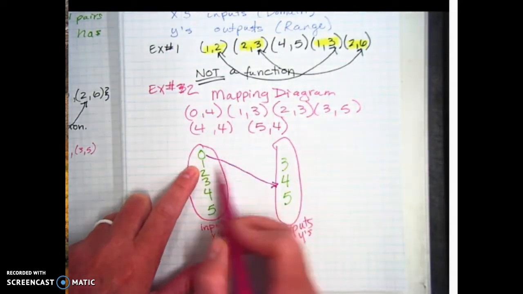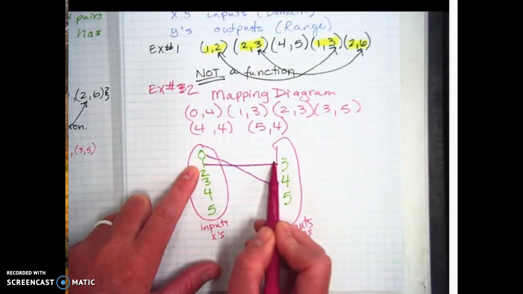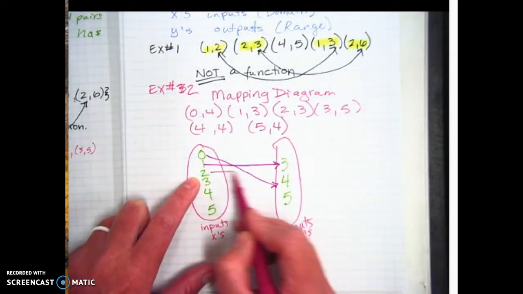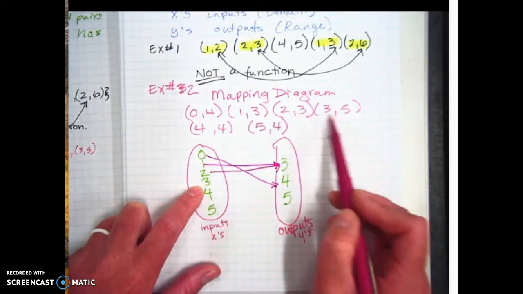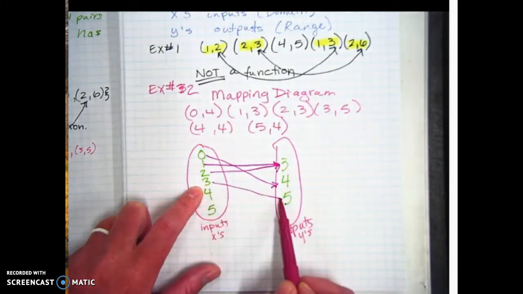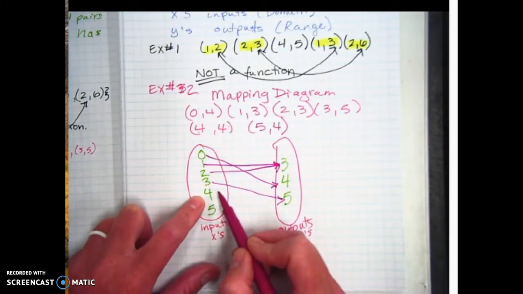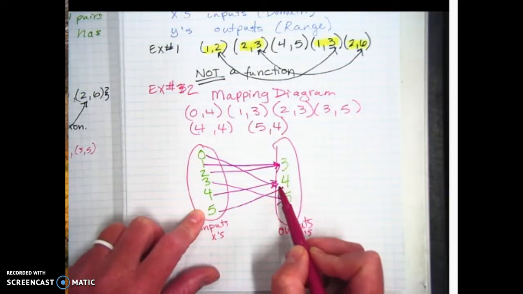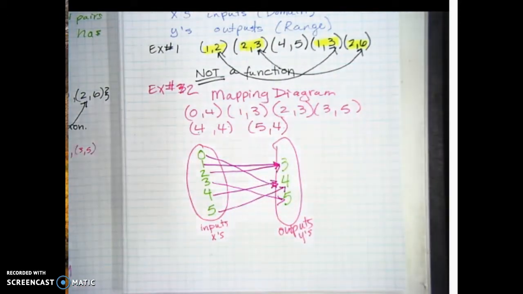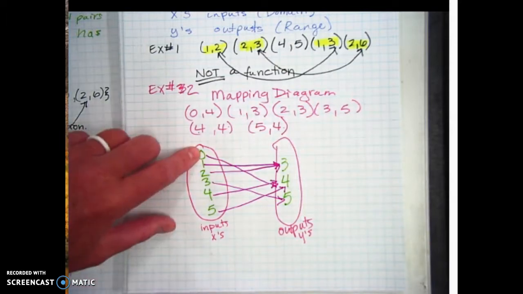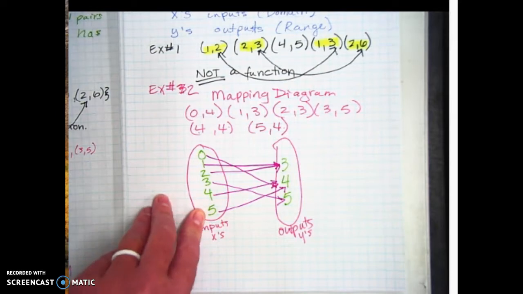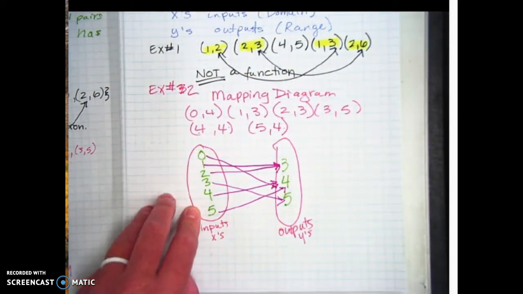The 1 maps to 3. The 2 maps to 3 as well. The 3 maps to 5. The 4 maps to 4. And the 5 also maps to 4. Okay? So every number that we put in, we only put it in once.